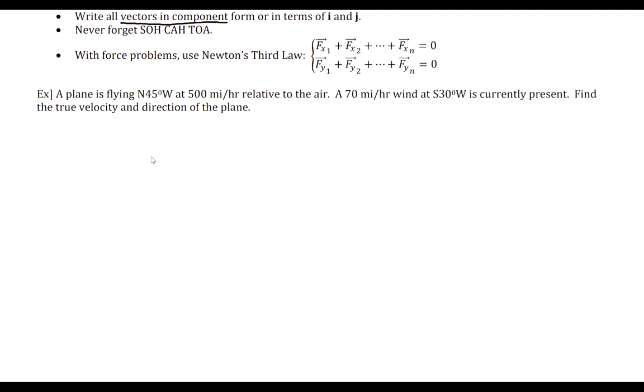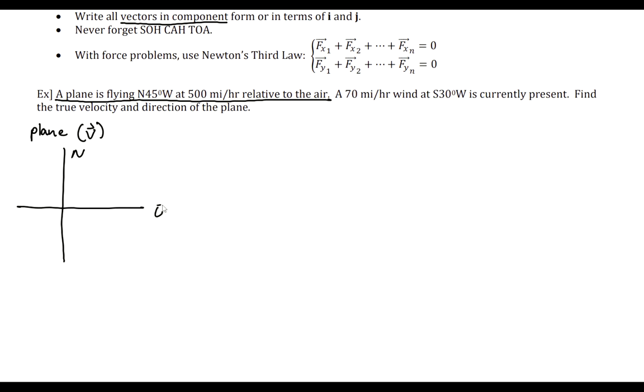All right, so we're going to break down each of these statements. This one I'm going to do in the black ink. So we have our plane, which I'm going to call vector v, and we'll make a quick sketch. North, east, south, west. Never eat soggy waffles.